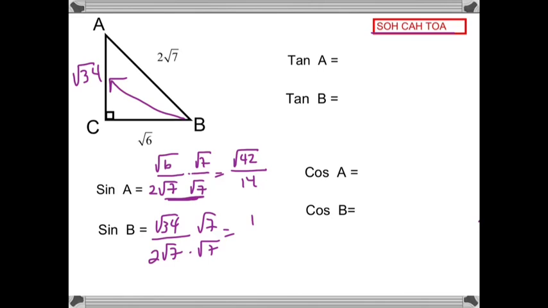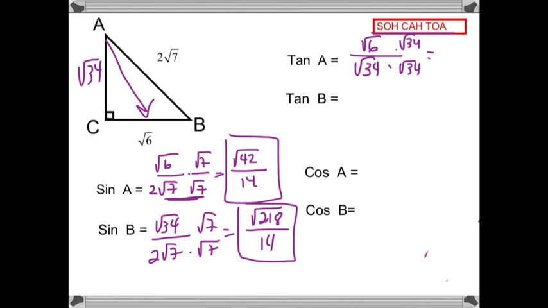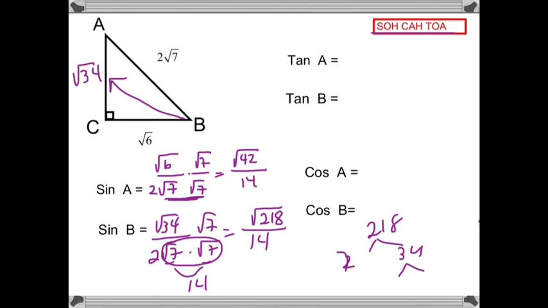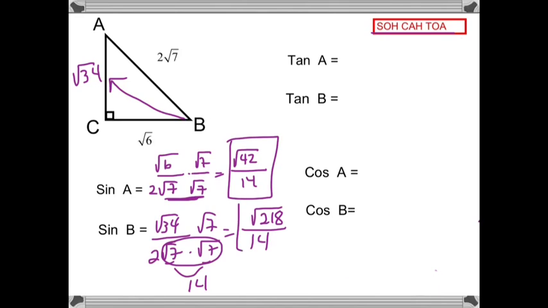So this becomes the square root of 238 over 14. If you think about the prime factorization of 238, it came from 7 and 34, but 34 was 2 and 17, so all these things are prime factors, so there's no way to simplify that any further. So there's the sine of A and the sine of B.